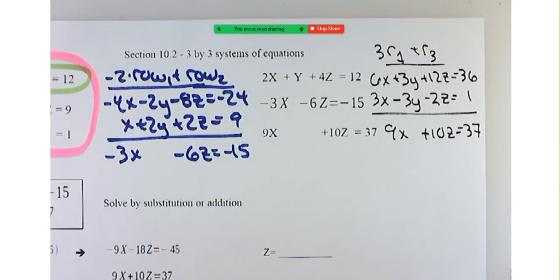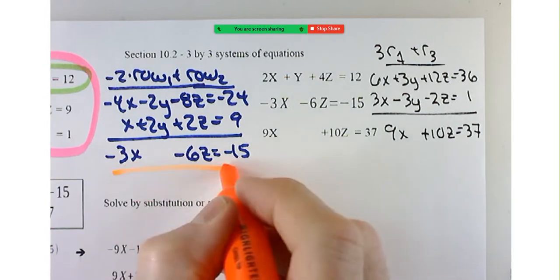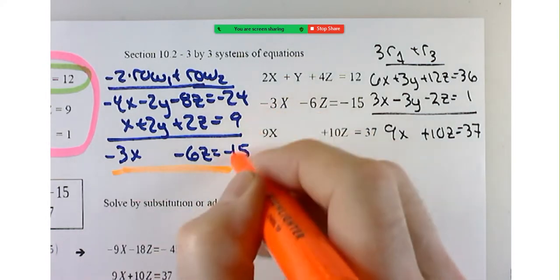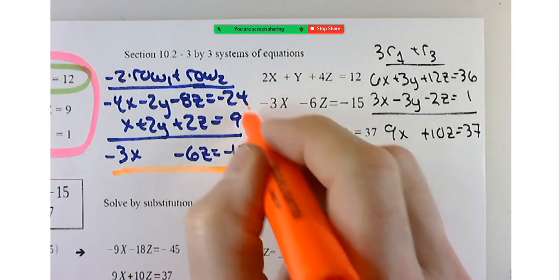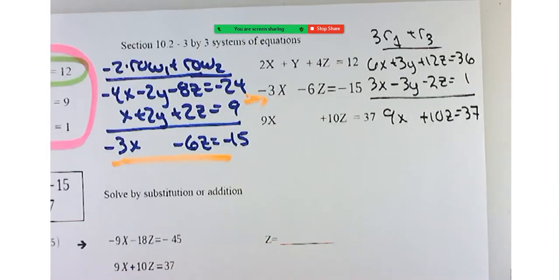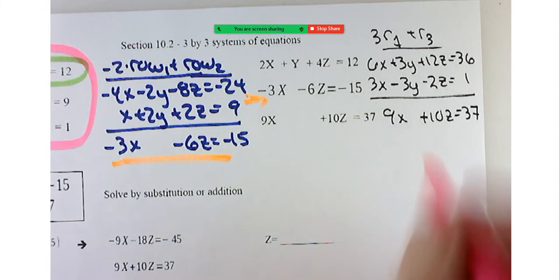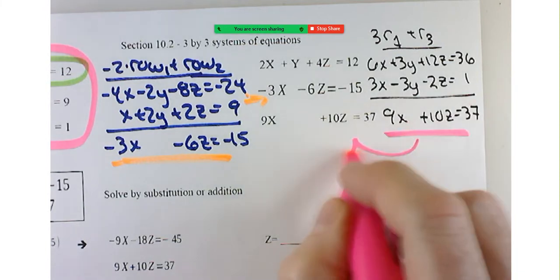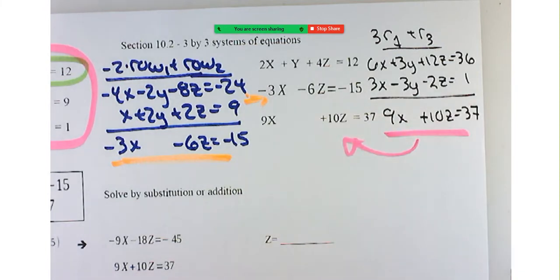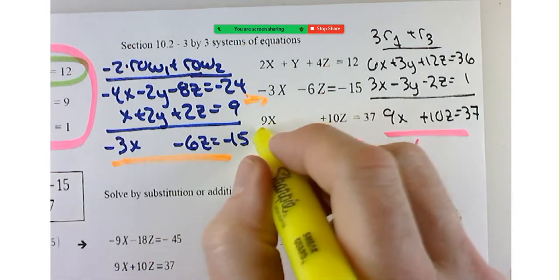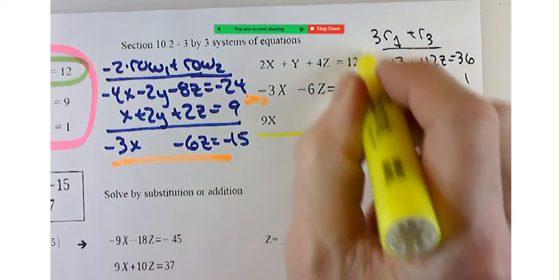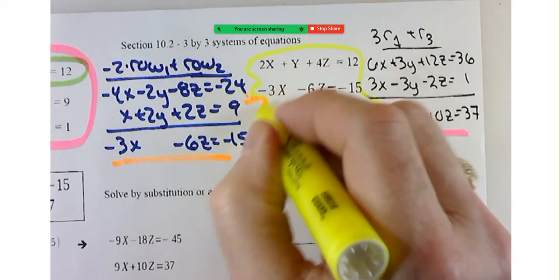Now the nice thing about what we just did, this equation is right here. And this one is right here. I've got a new system of equations. It's an equivalent system of equations. Its solution is the same as our original system of equations.